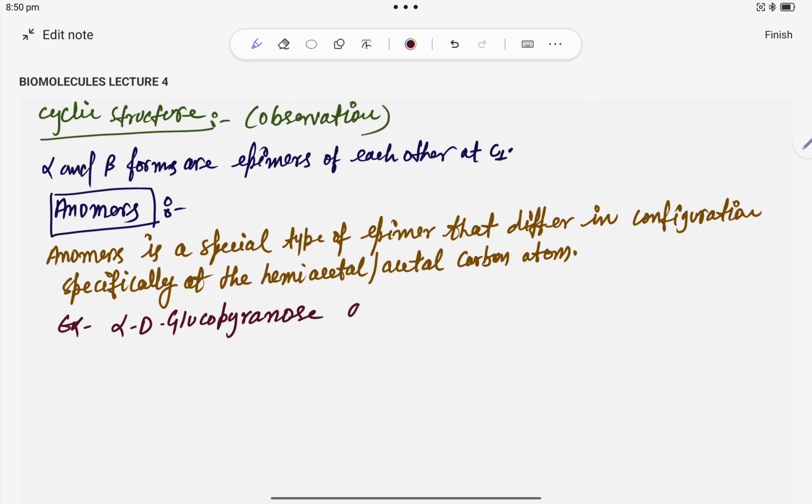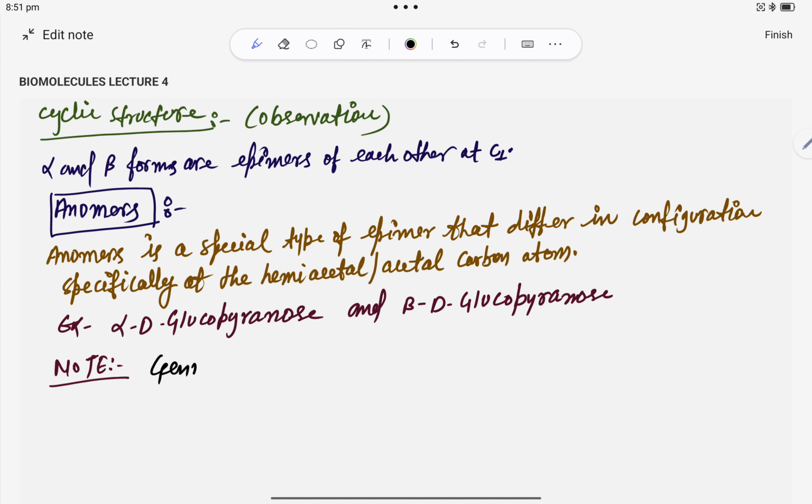Alpha-D-glucopyranose and beta-D-glucopyranose. Okay, one note you have to write, it's important here. What is the note?